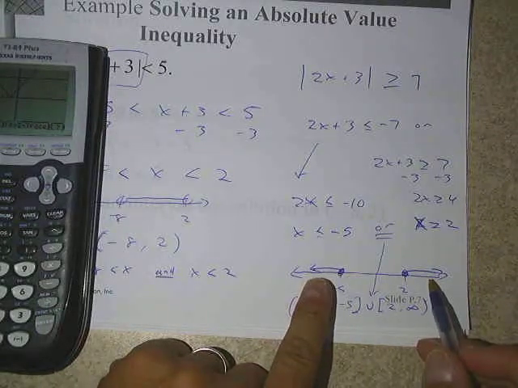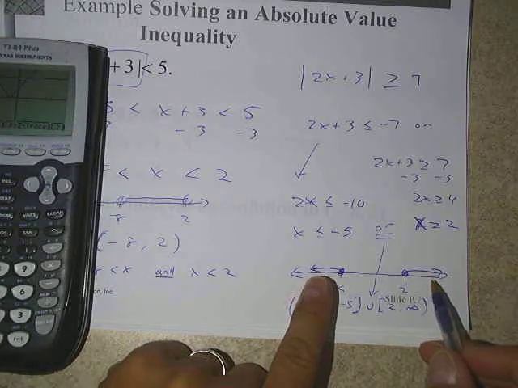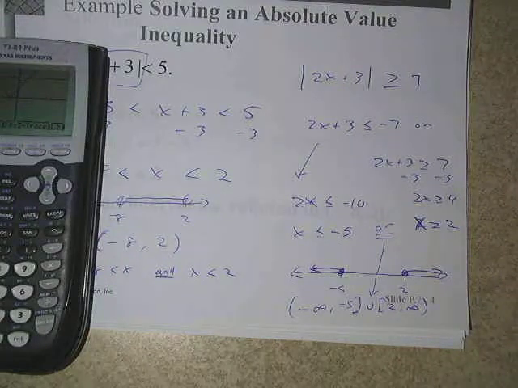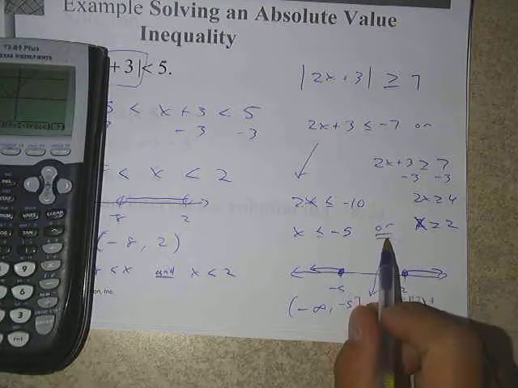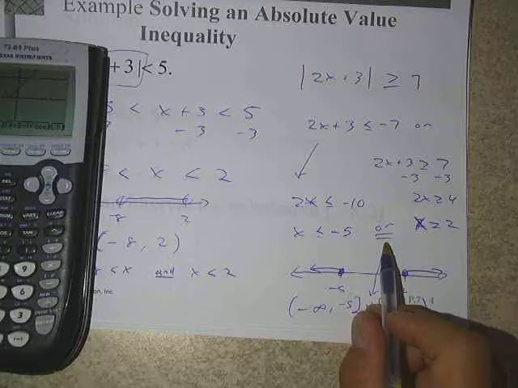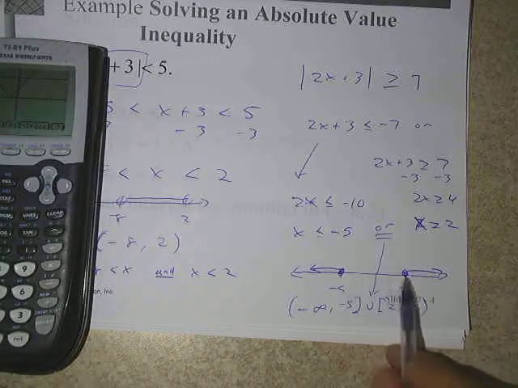If there's any kind of or situation where we have two what we call disjoint solution sets, they need to be connected with a union symbol. So disjoint just means that they are two non-overlapping solution sets.